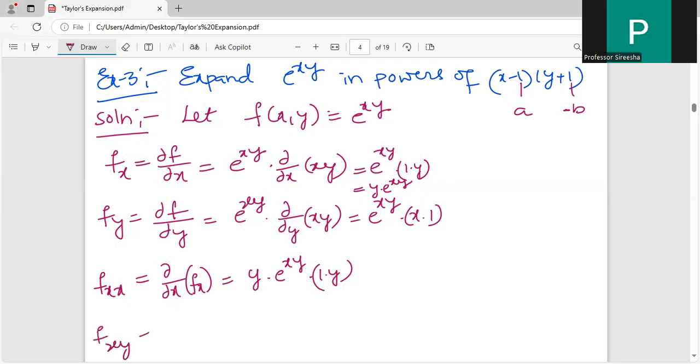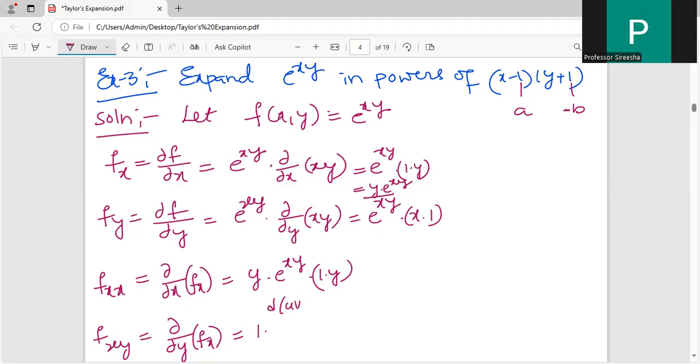Now fxy, if I take, it's nothing but derivative with respect to y of fx, or derivative with respect to x of fy. So fx is nothing but this term. With respect to y, both the terms, y also has y, e power xy also has y. So uv rule I'll be using.